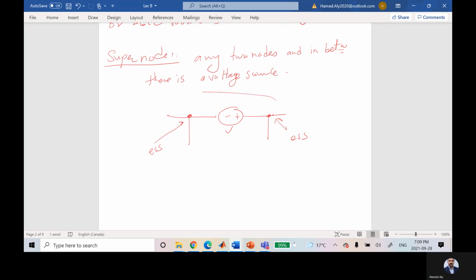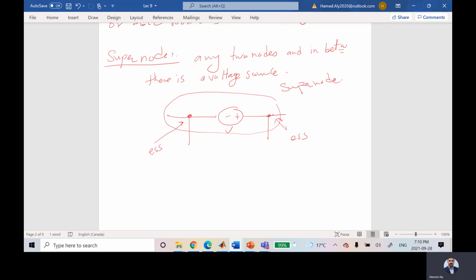But this guy is considered as supernodes. This is the meaning for supernodes. I have 2 nodes, and in between there is a voltage source. We are calling this guy a supernode.